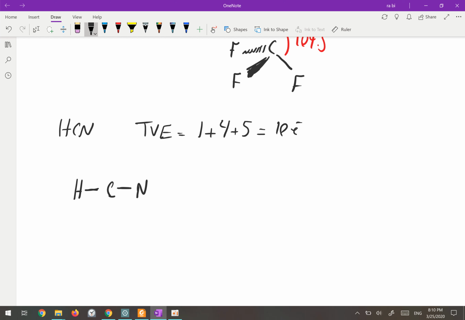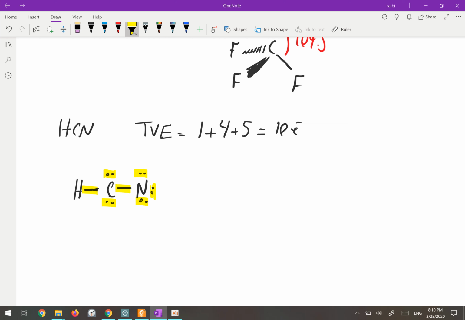You have to make all of these atoms octet. So the carbon needs 2 lone pairs, nitrogen needs 3 lone pairs. But when we count the electrons in this molecule, the number of electrons is 2, 4, 6, 8, 10, 12, 14.